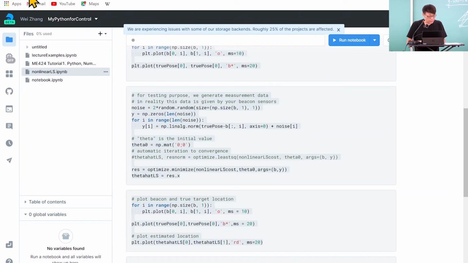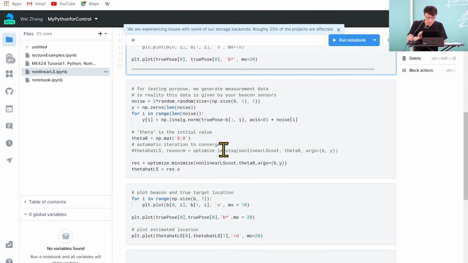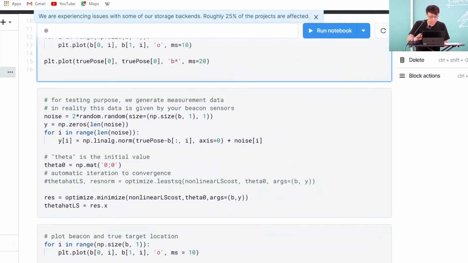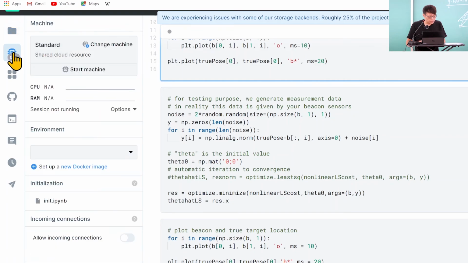I'm not sure whether I'm connected or not. It's just a Jupyter Notebook, okay? So let's see. This is a nonlinear least squares problem. Oh, I haven't turned on my computer yet. I need to start it.